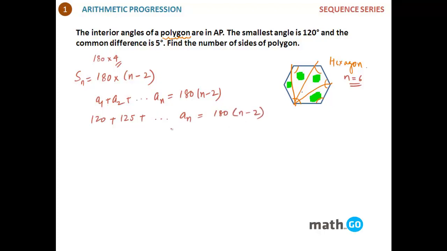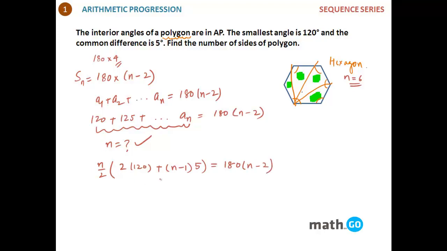I hope this is clear to you. Now what is the target? We need to just find n. Very simple, right? So Sn then becomes n by 2 into 2 into 120 plus n minus 1 into d, which is given to be 5. This is what you are asked to solve.